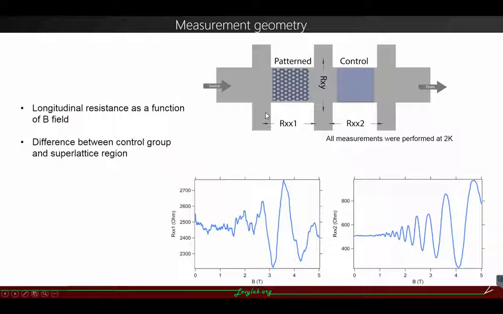And we measure both the patterned region and the control group. The longitudinal resistance versus magnetic field is plotted. By comparing these two groups, we can see a huge difference between the patterned group and the unpatterned group.